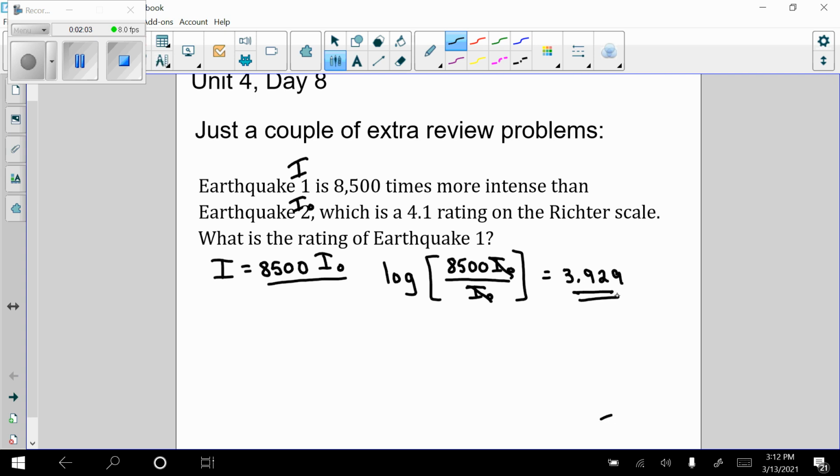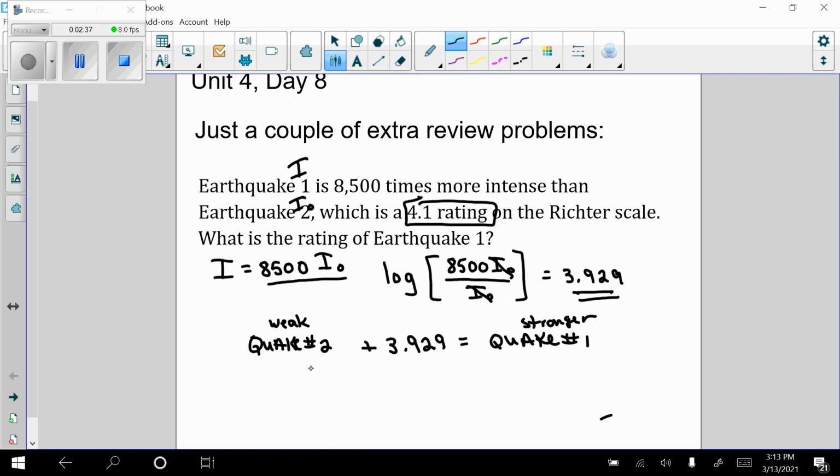And now I have to go back and apply that to my ratings. So quake number 2 is my weaker one. So this is my weaker, plus the 3.929 is going to give me quake number 1, which is my stronger one.